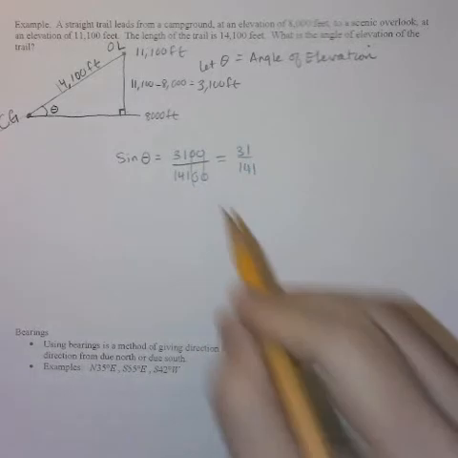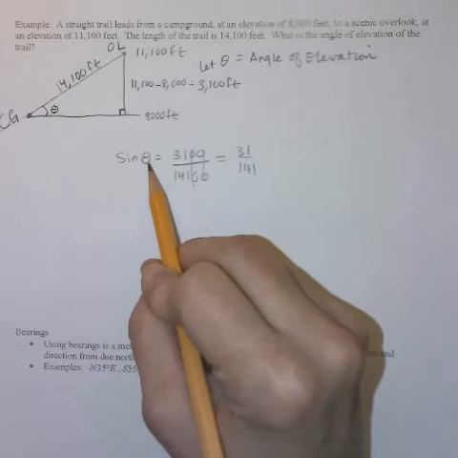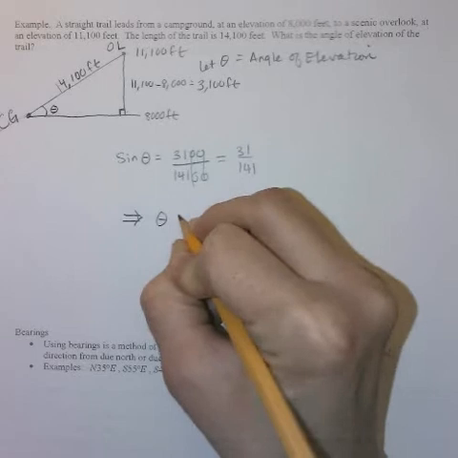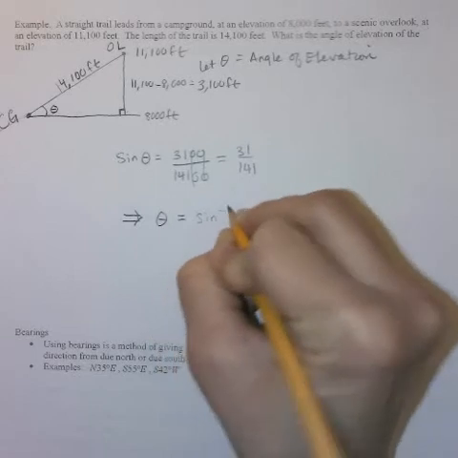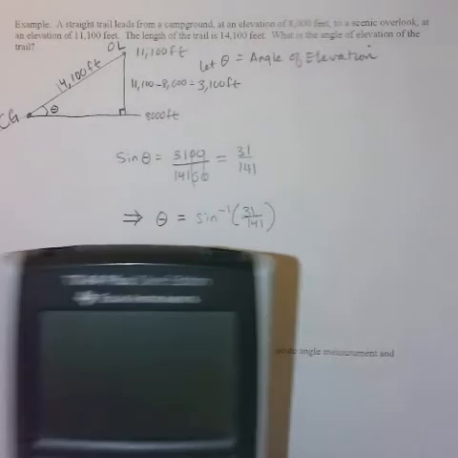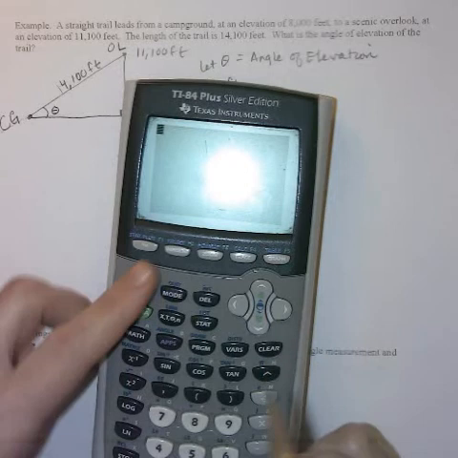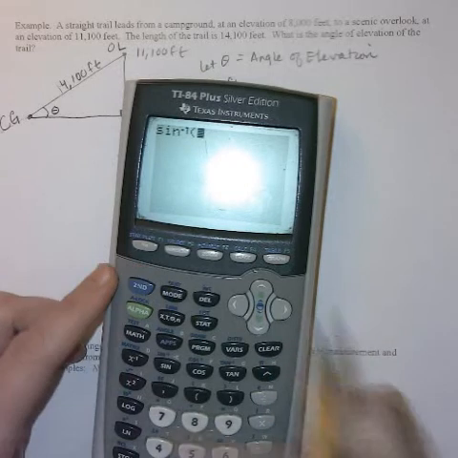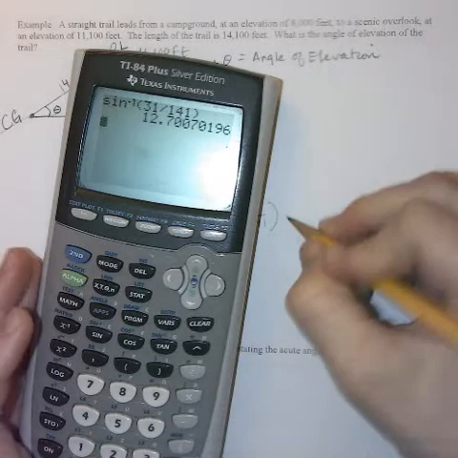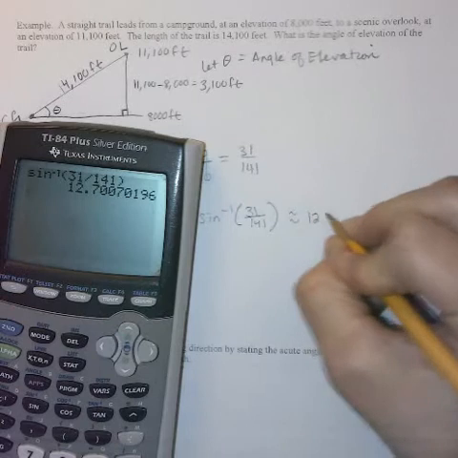Okay, so now this obviously isn't the output for a special angle theta, so we're going to use our calculator. This implies theta is the sine inverse of 31 over 141. Make sure your mode is in degrees. Sine inverse of 31 divided by 141 is approximately, we'll round to the nearest tenth, 12.7 degrees.